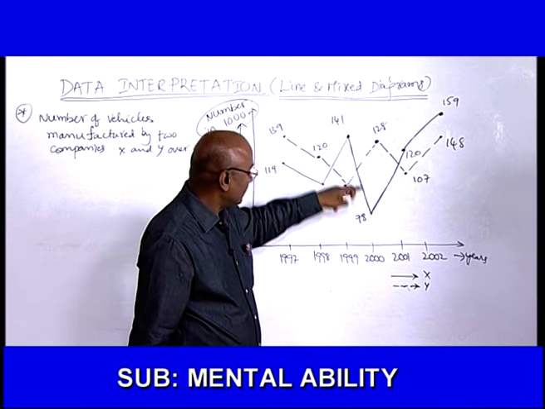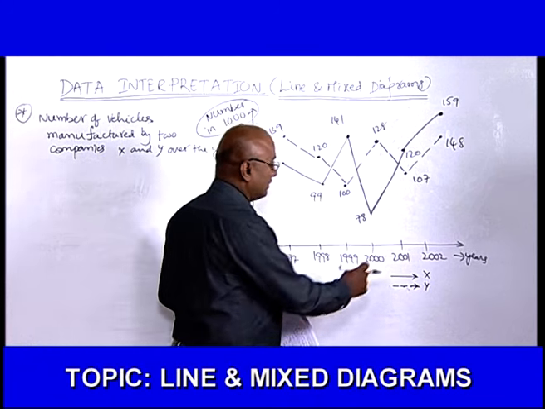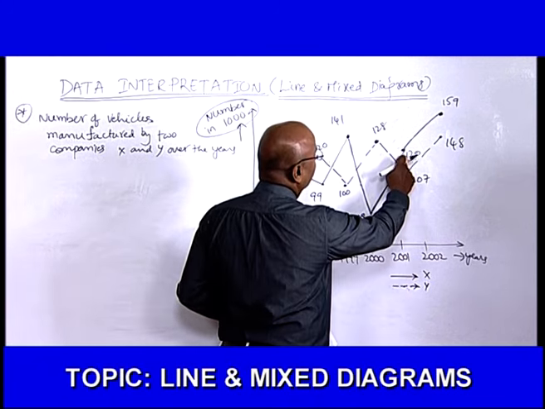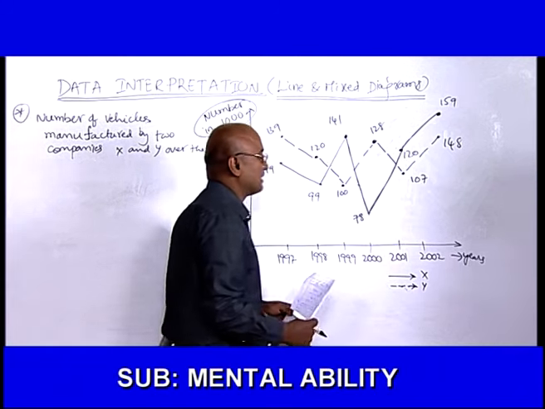and in the year 1999 it is 141,000, and in the year 2000 it is 78,000, and in the year 2001 it is 120,000, and in the year 2002 159,000.